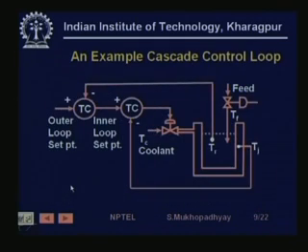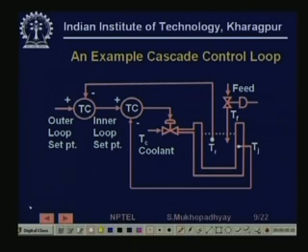We will look at a practical example. What we have here is a kind of exothermic reactor, and we want to control the temperature of this reactor. So, obviously, we are giving a feedback here, this is the outer loop feedback or primary loop feedback.